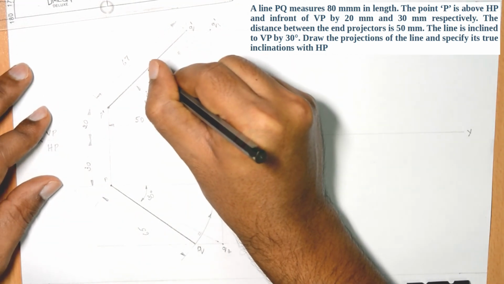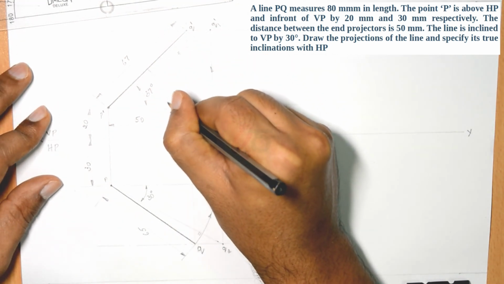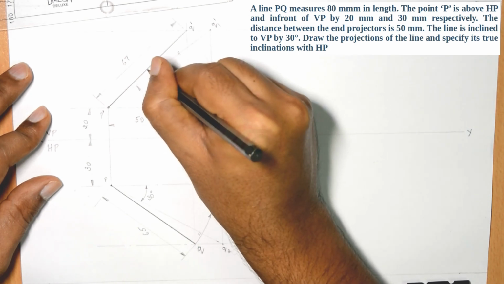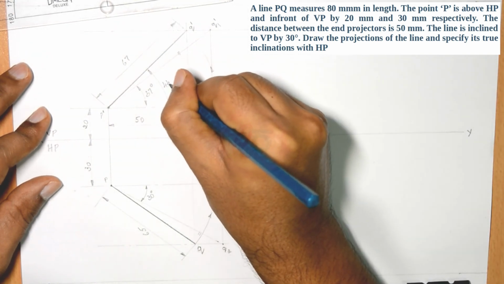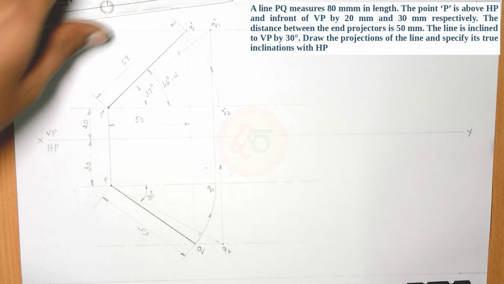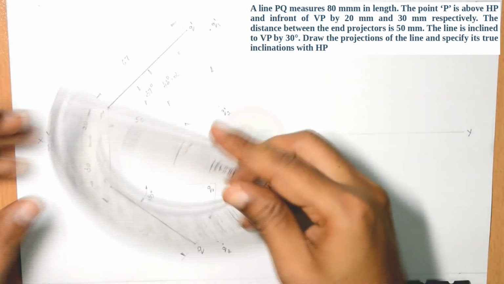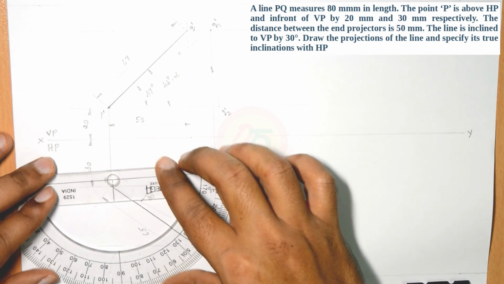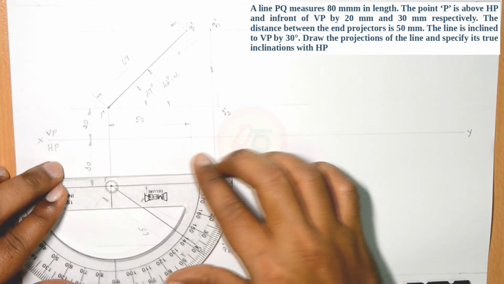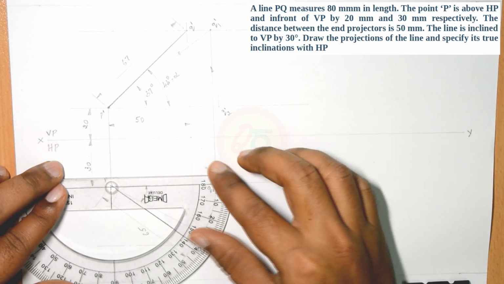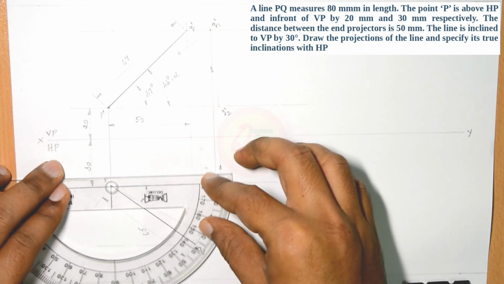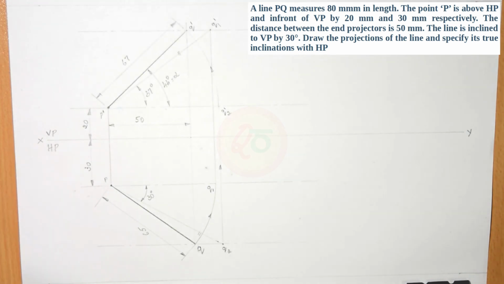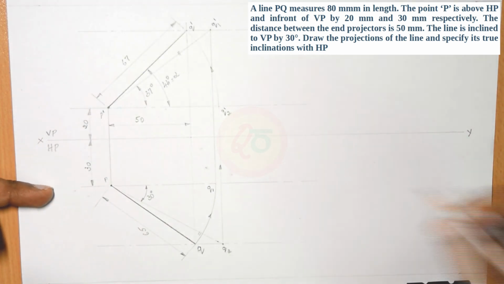This angle is 44, this is alpha, and beta is 37 degrees.